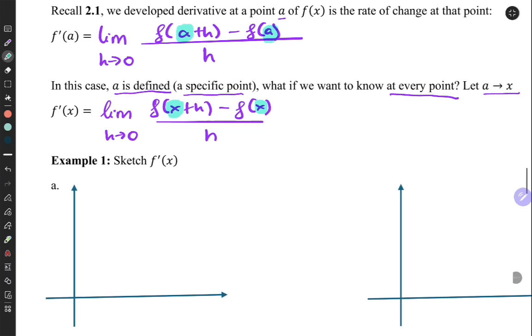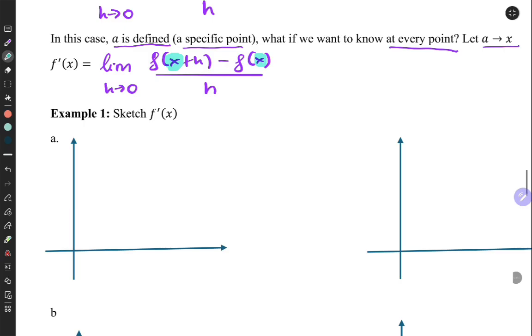Sketch f prime. I'm going to show you how to sketch a derivative.